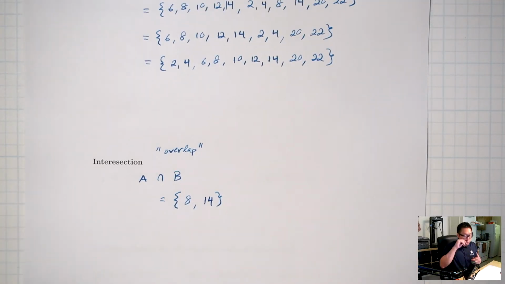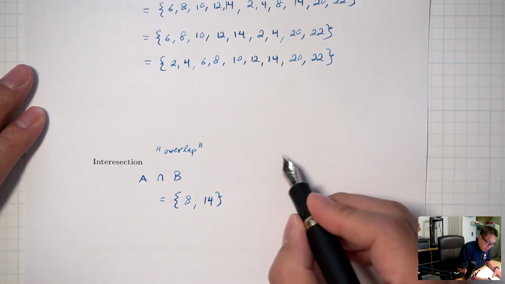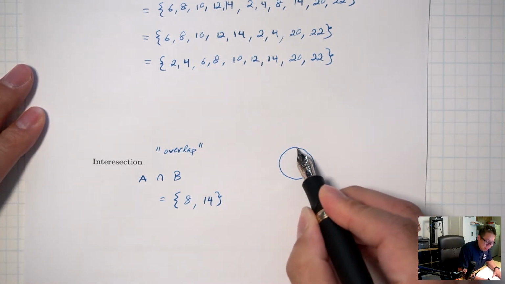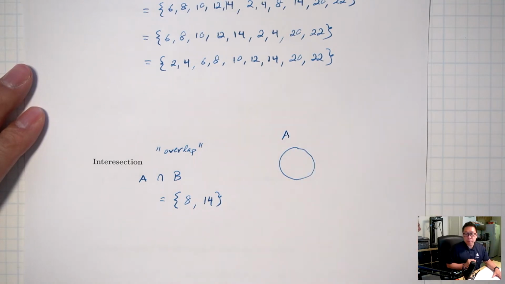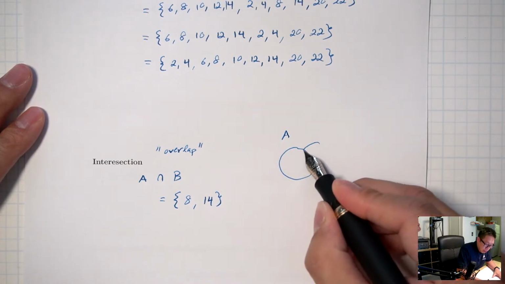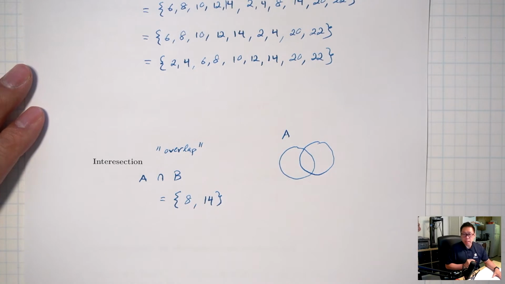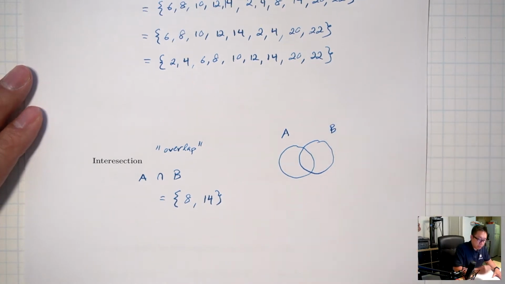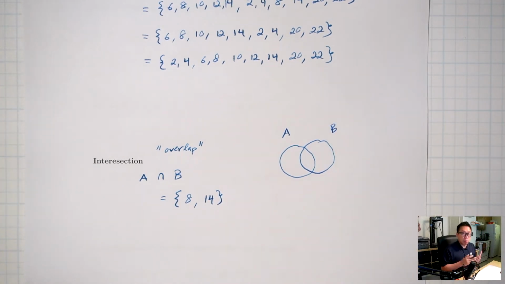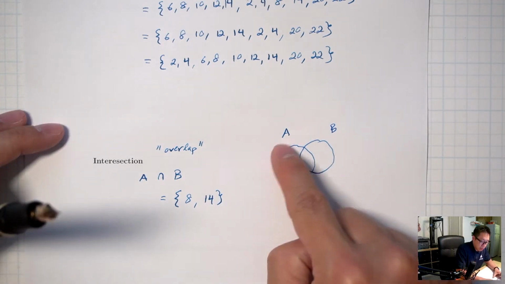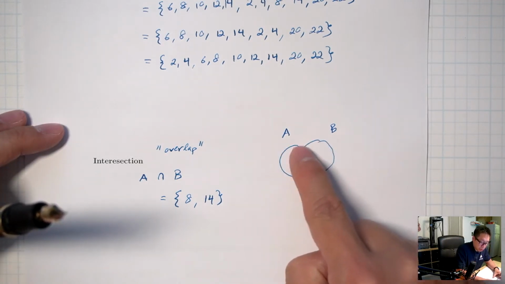So for intersection, sometimes we denote this using a picture. Say that's set A, that circle, and say that second circle is the set B. The intersection will be the region that's in both circles at the same time. So what region is in circle A and also circle B?